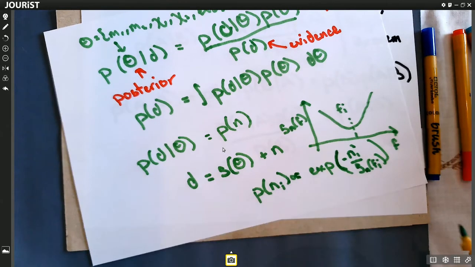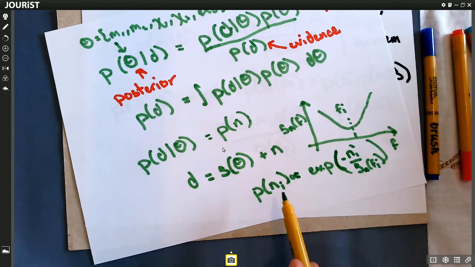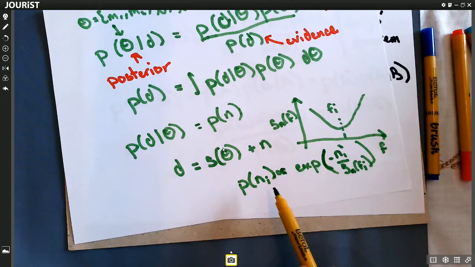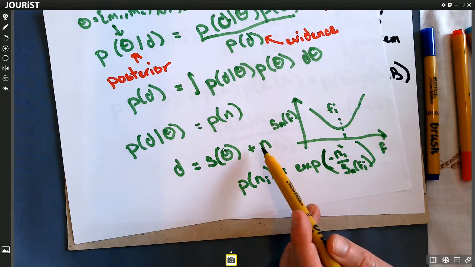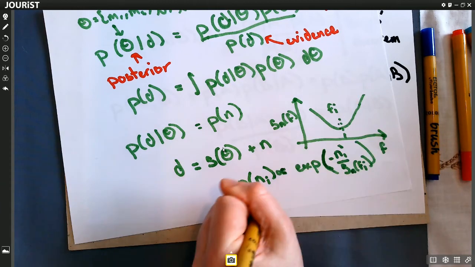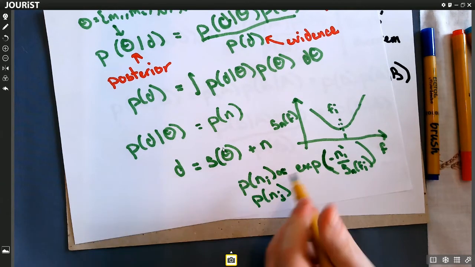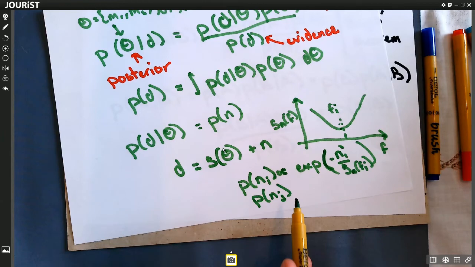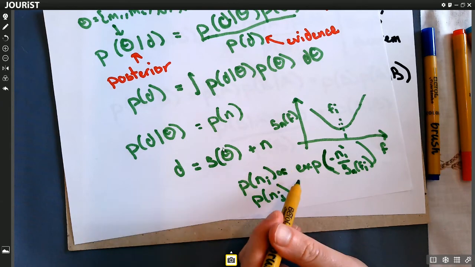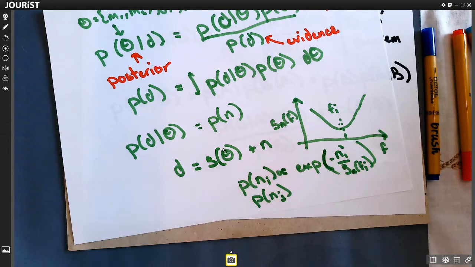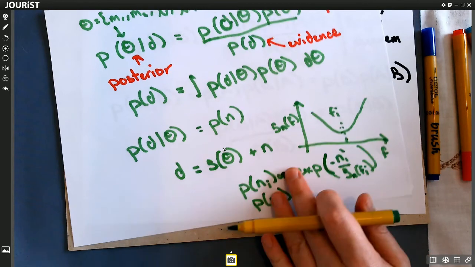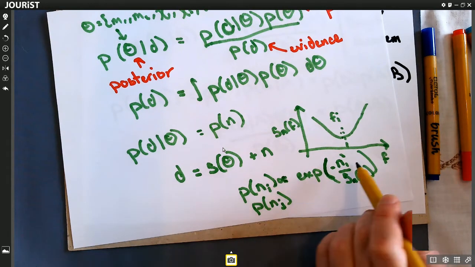So far happy with that? Just a Gaussian distribution at a given frequency. We have, of course, this noise at many different frequencies. So we calculate the probability of noise at the next frequency, f_j, multiply it by this one, multiply it by the next one. You end up with a whole bunch of Gaussians multiplied together. When you multiply Gaussians together, you could equally add the exponents.